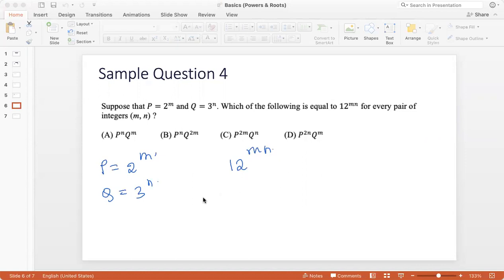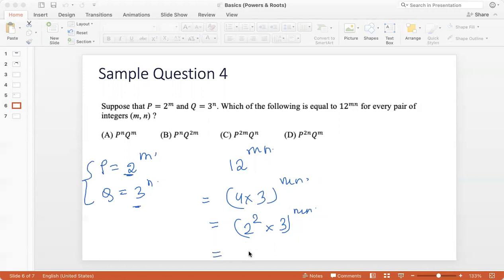Okay, so let's first write 12 as 4 into 3, so 12 to the power mn is 2 squared into 3 to the power mn. Why did I do that? Because I have p and q, which are powers of 2 and 3. So I would write 12 as powers of 2 and 3 because I have to represent 12 to the power mn as a couple of powers of p and q.